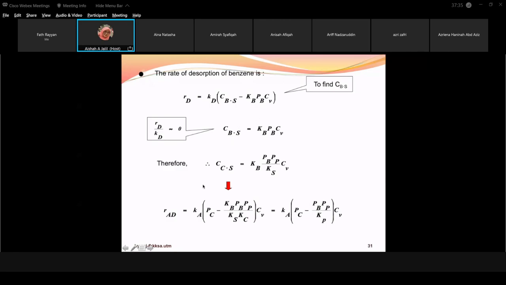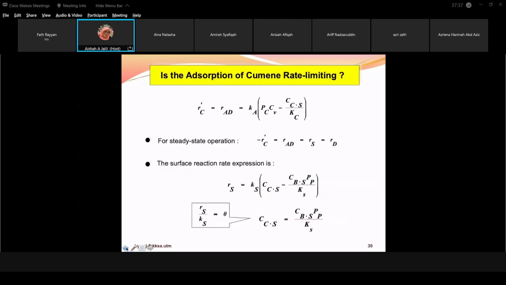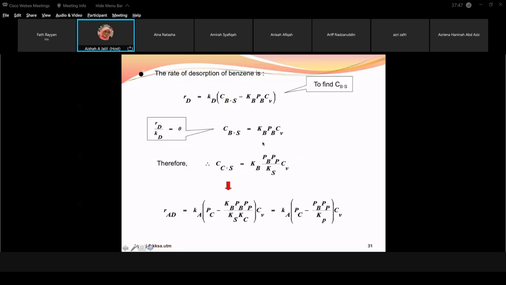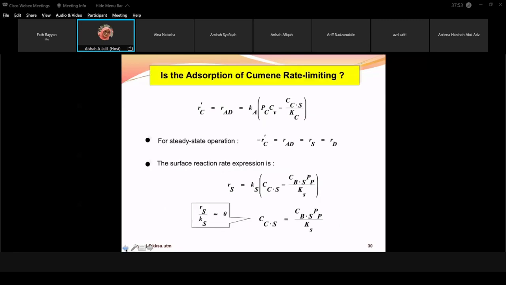So in here you have C·S, but in C·S you have C_B·S. So you have to use this C_B·S, put it into the C·S and then put it here. Okay, you can see the relationship.